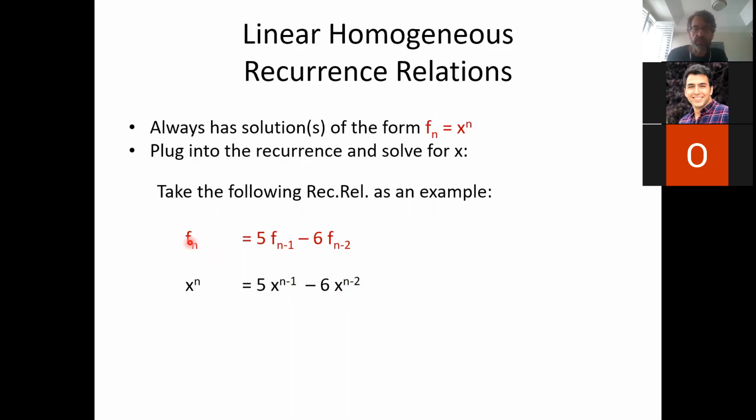If Fn equal x to the n was a solution, then the following would have to be true, because the terms of this sequence are bound by this relation. So if these terms are expressible as powers of some x, then whatever this x is, if it exists at all, it has to satisfy this relation.